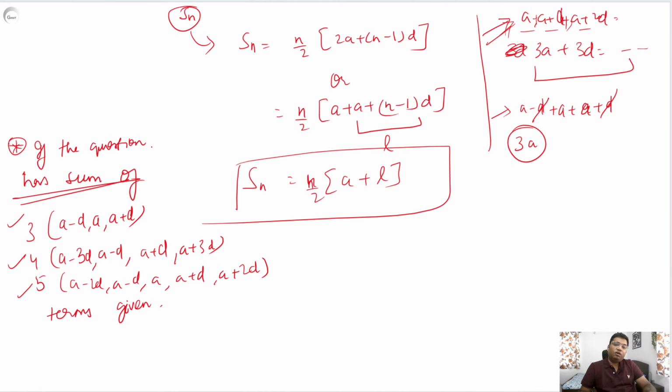So the criteria of that kind of question is that it should mention the sum of 3, 4, or 5 terms in an AP. If the number of terms is 3, 4, or 5, and they mention the sum of those terms, like 15, 20, 30, whatever, then you have to use this concept. So I hope this is clear by now. We are going to start with the questions now, and let's see how it moves.